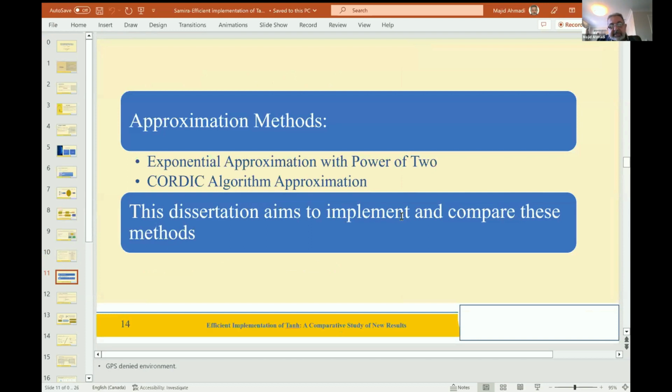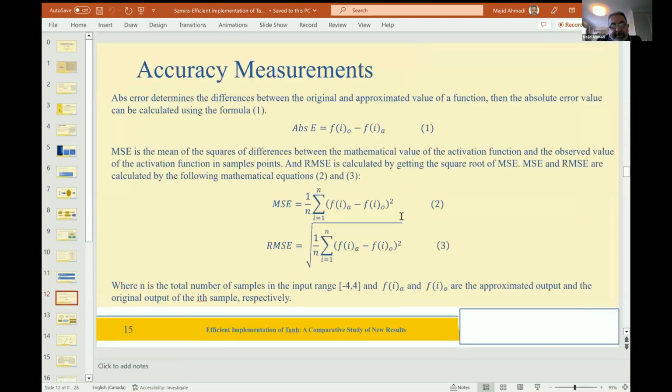The approximation, as I said, is of two different types that we use, the power of 2 and CORDIC. And the accuracy measures we have are absolute error, equation 1, MSE, equation 2, and RMSE, equation 3. These are the errors that we have used in order to determine the quality of the approximation.